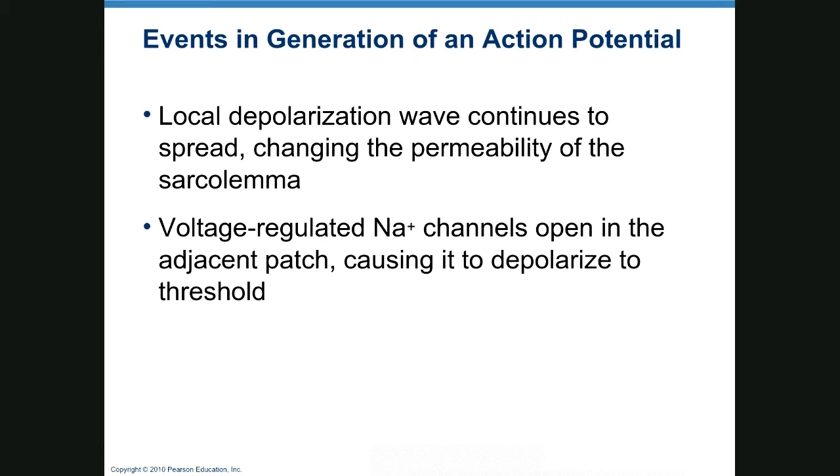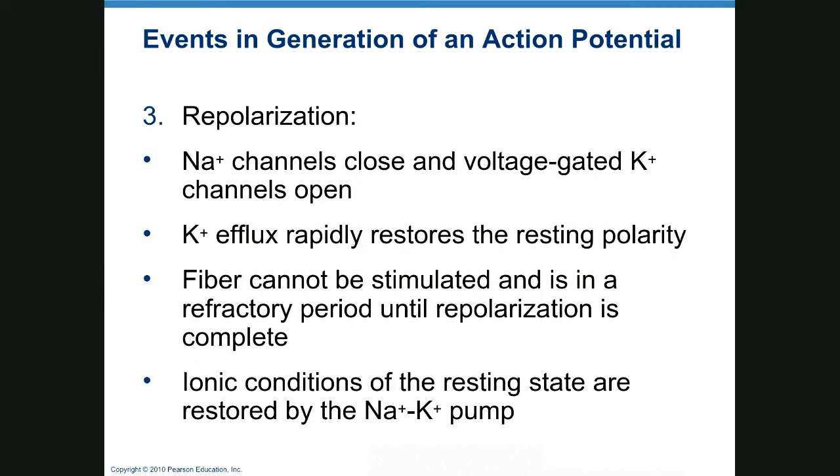Now, local depolarization spreads from the initial response, and then the voltage-gated channels open and cause a depolarization across the entire muscle sarcolemma. Now, once it gets depolarized, you have to have repolarization take place.